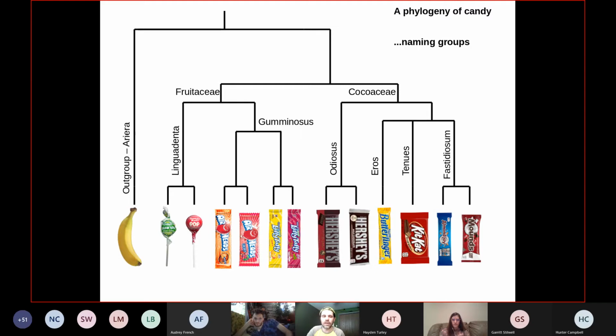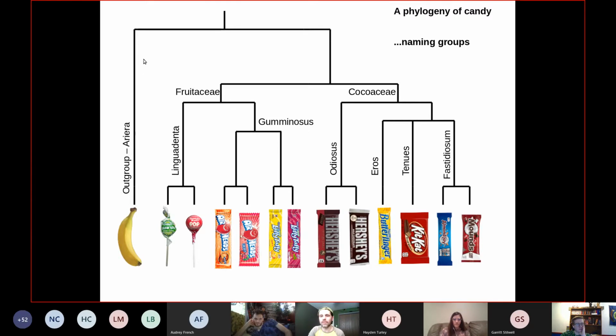In this group, what is the candy clade? That would be just right above the Fruitaceae and the Cocoaceae. Yeah, right here. So this could be the phylum Candy versus the phylum Fruit, for example.